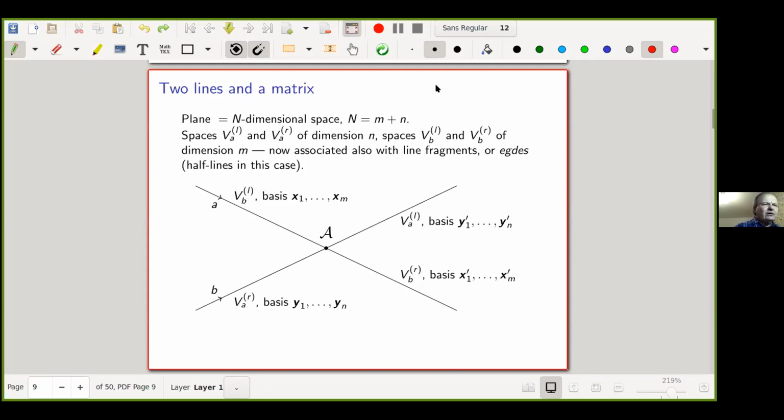So what will correspond, for instance, to this half of this line?